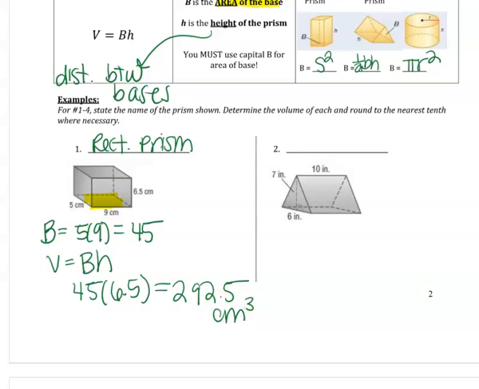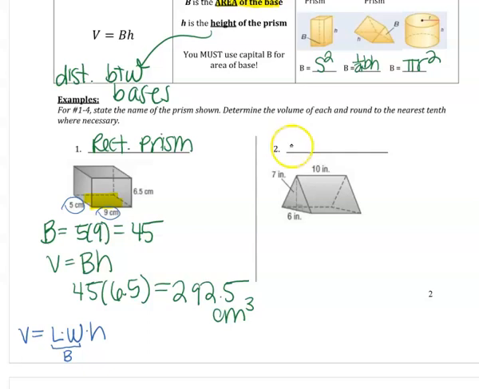With a prism, you've probably heard this before, too: the volume of a rectangular prism is length times width times height. That length times width is actually coming from the area of the base. You'll see that, or probably have seen that before. It's the same thing as area of the base times the height.